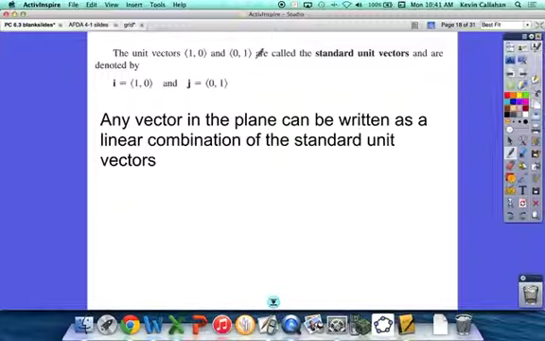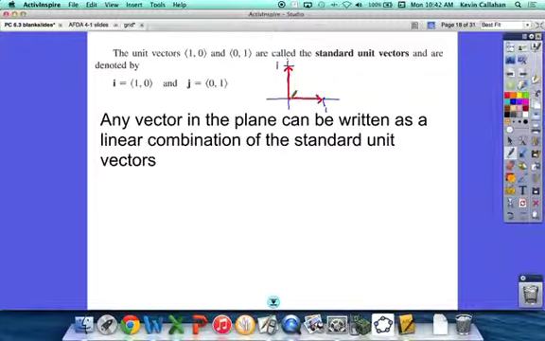I mean, if you looked at it, right, this is the unit vector i, which is <1, 0>.